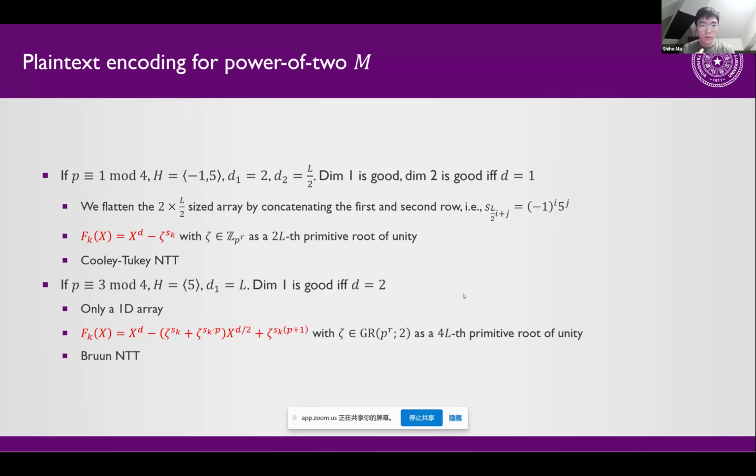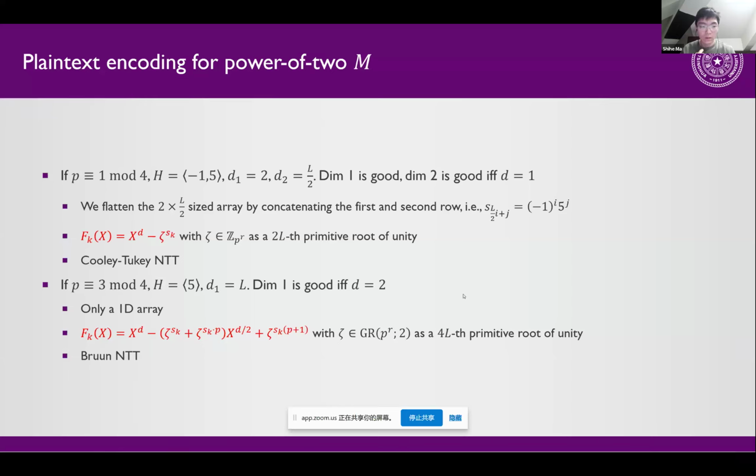And when the plaintext prime p takes different values, the plaintext structure and the NTT type will be different. When p equals 1 modulo 4, we have two dimensions. The first one has size 2, the second one has size l divided by 2. The first dimension is bad, and the second dimension is good only if the extension degree d is 1.